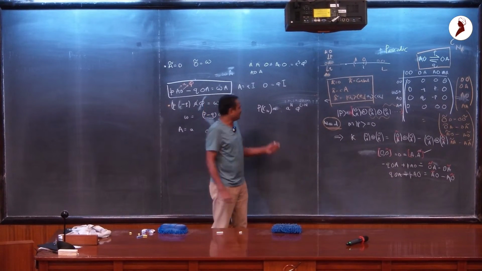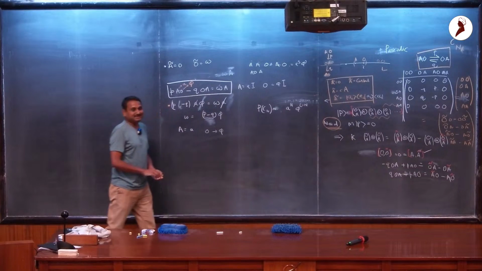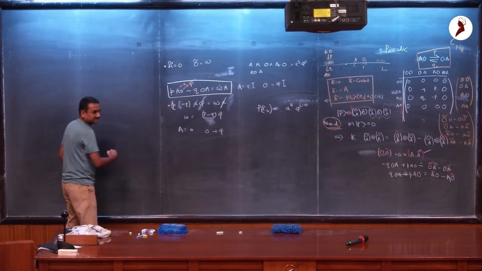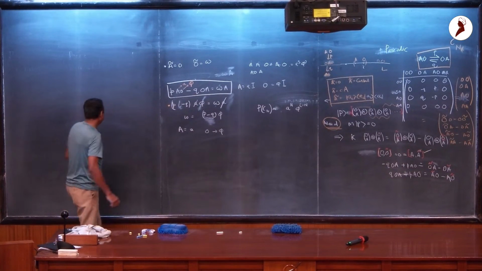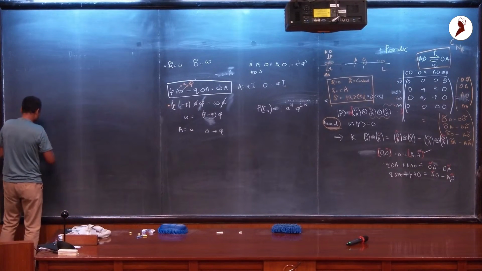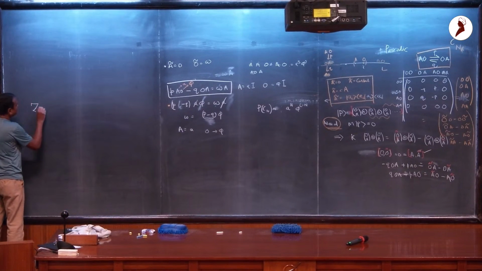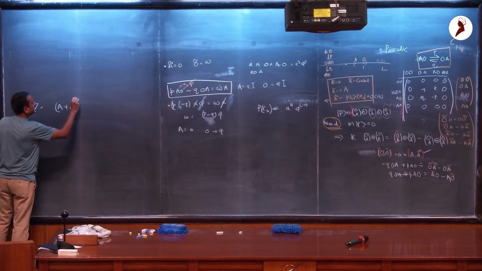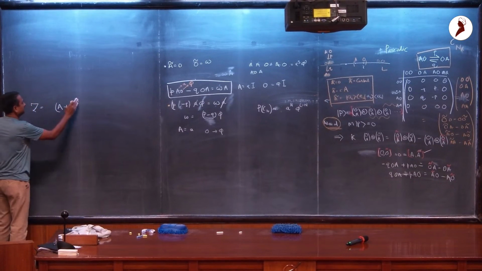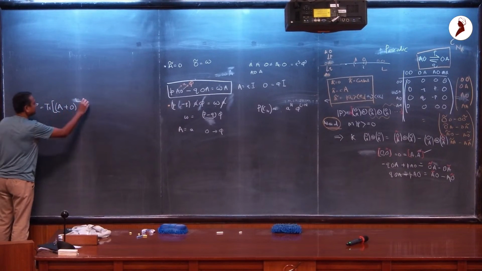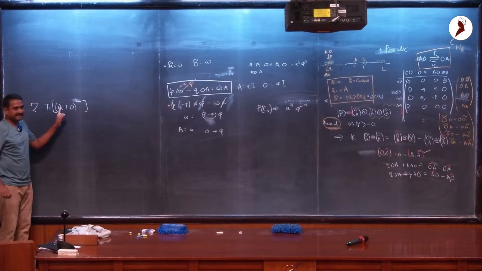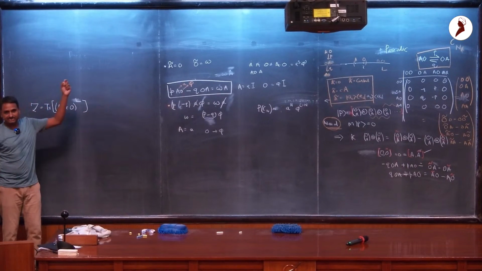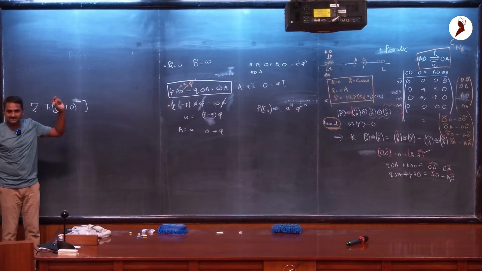So let us keep it here, and let us see in the matrix product ansatz how you deal with the conservation. So the partition function, you have written it earlier, Z equal to the trace of A plus O to the power L. This will generate all configurations, right? This is what you have written earlier.